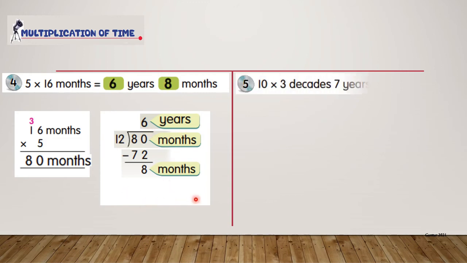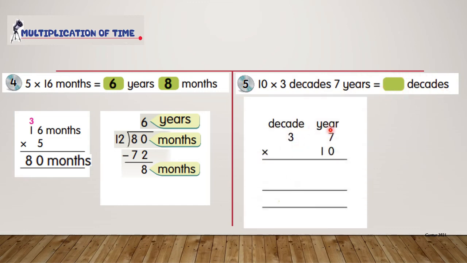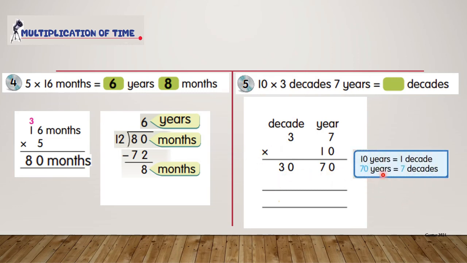Okay, for the next example, number 5, 10 times with 3 decades and 7 years. The answer in decades. Okay, we do the standard arithmetic there. Decade and years. 3 decades, 7 years times with 10. 7 times 10, 70. 3 times 10, 30. So the answer for the multiplication here is 30 decades, 70 years. 10 years is equal to 1 decade.